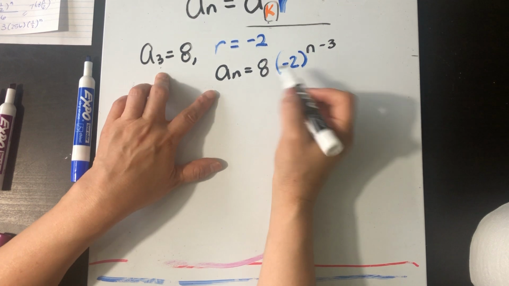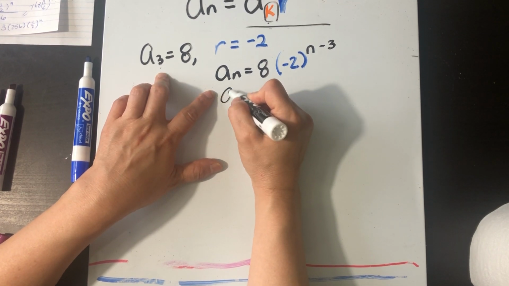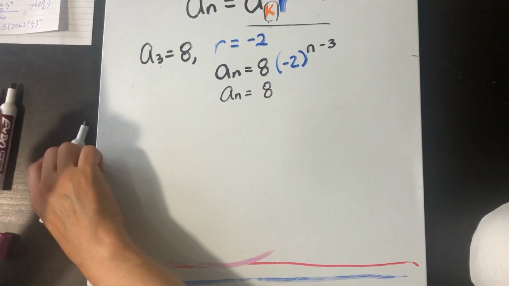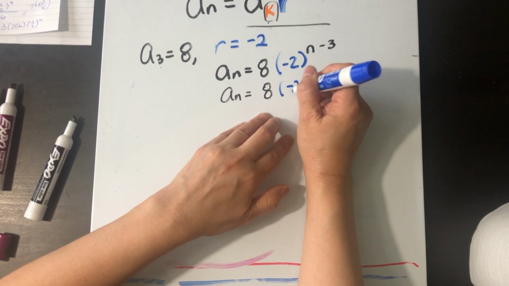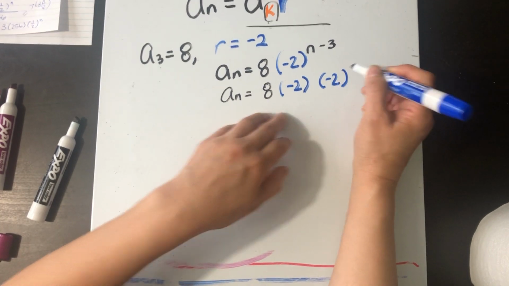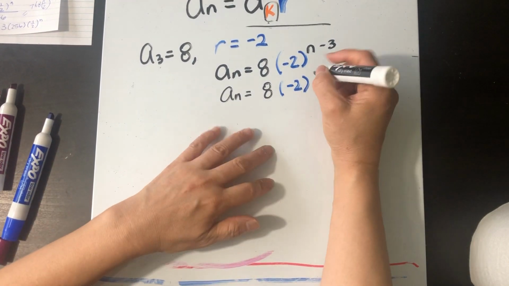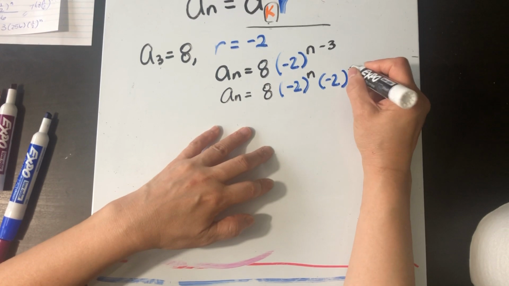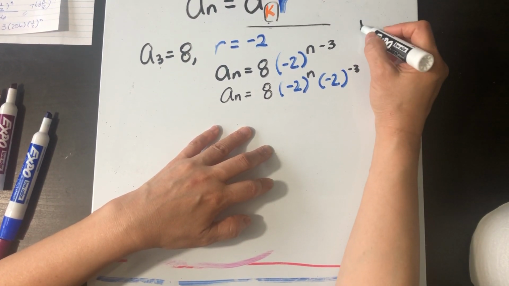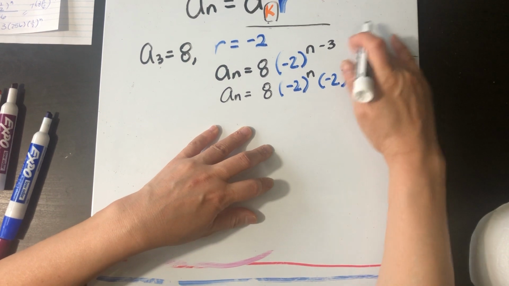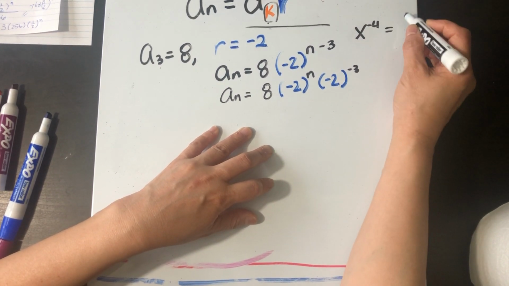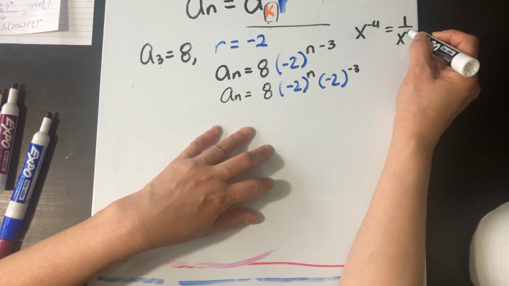Let's do this. If we solve this, an equals 8, and then I'm going to separate this once again. Negative 2, I mean, that's not wrong, but I'm going to do it. I want you to do both ways. So that's n and negative 3. Once again, if you have x to the negative 4th power, it's the same thing as 1 over x to the 4th power.